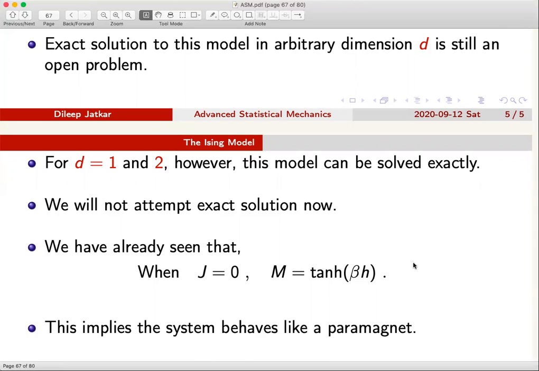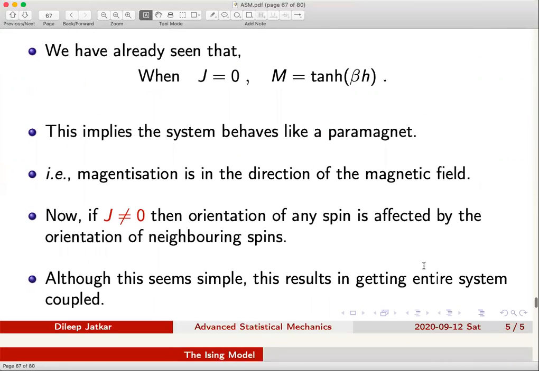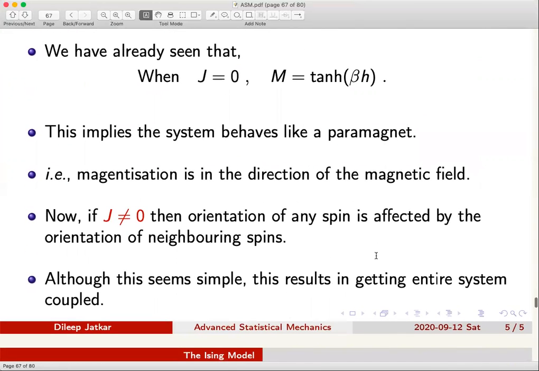We already have some information about the system: if you set J equals 0, magnetization is tanh(βh), which implies that the system behaves like a paramagnet. Now, if J is not equal to 0, then the orientation of any spin you look at will be affected by the orientation of the neighboring spins.